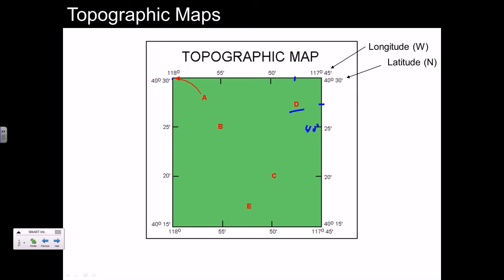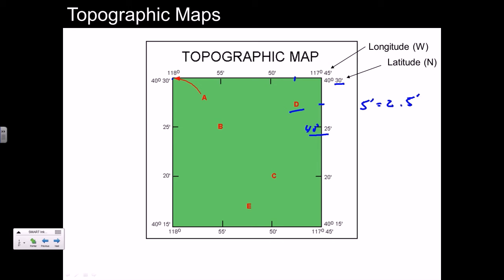And that's useful, right? But it's not precise. How do we know what this value should be? Well, if we know that this is 30, we know that D sits halfway between 30 and 25, so we know that the span here is 5 total, 5 minutes, and half of 5 is equal to 2.5 minutes.